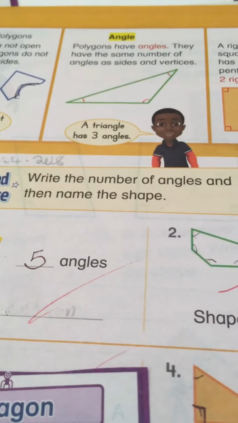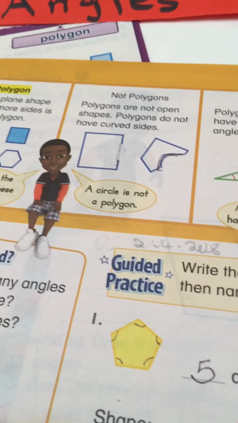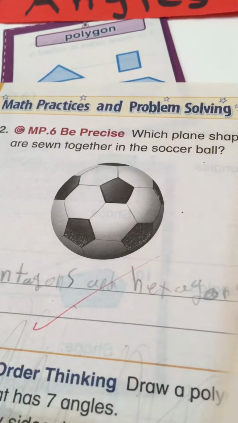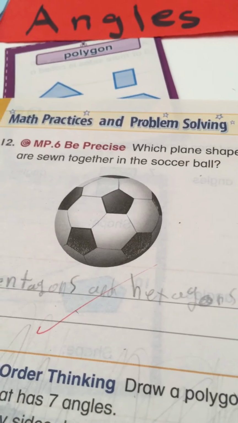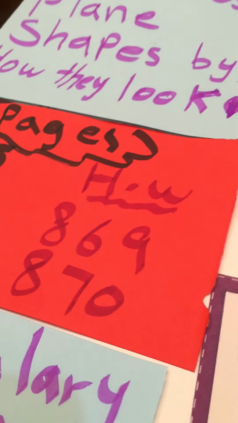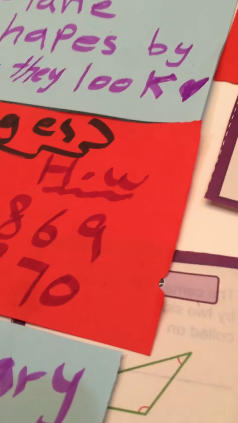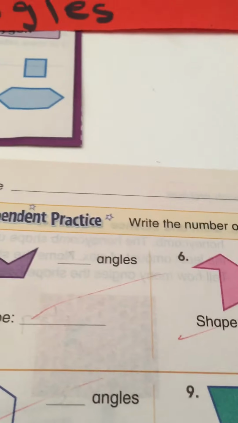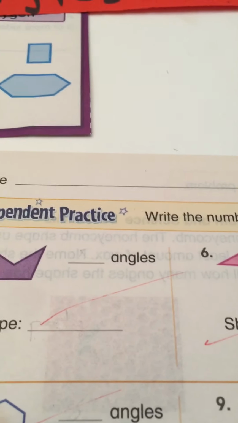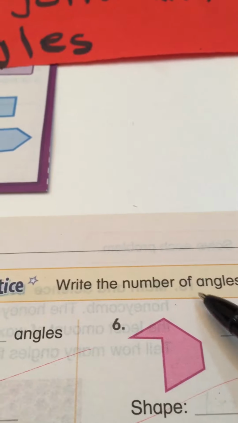And then let's go and turn the page, and let's see what we have in the next page. So we have number 5, so also we will keep going on writing the number of angles and then name the shape.